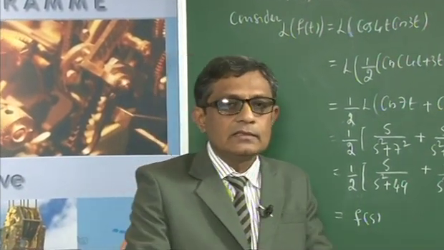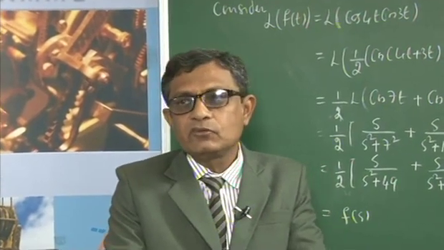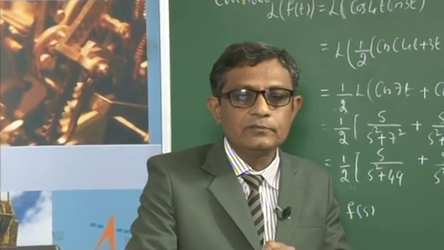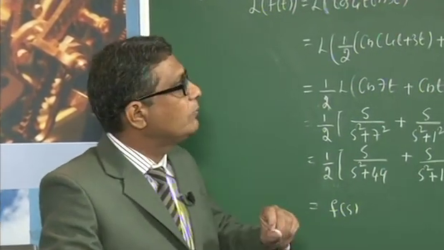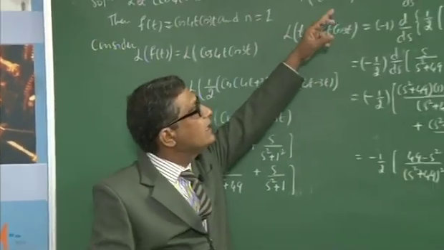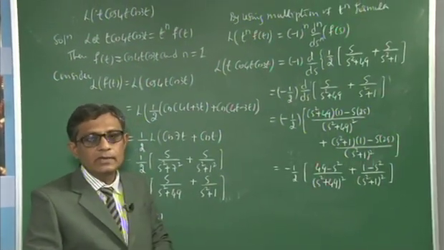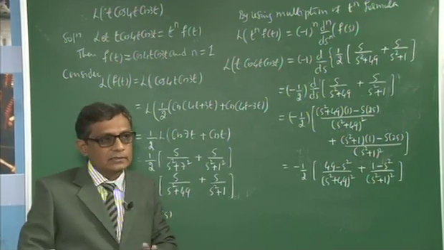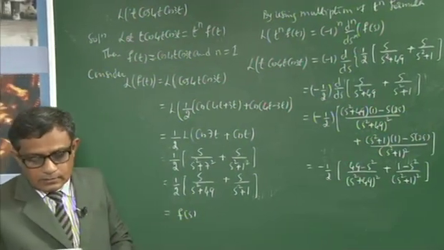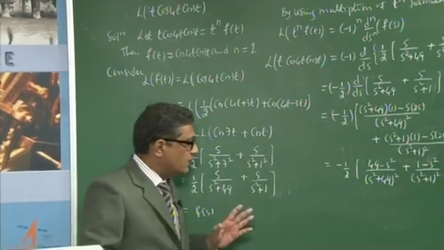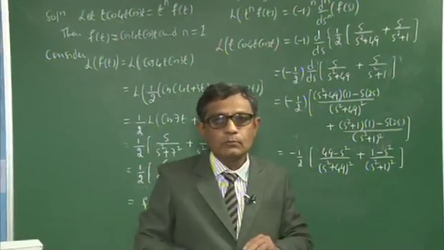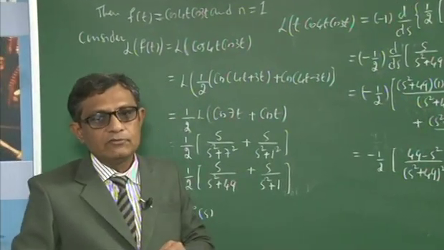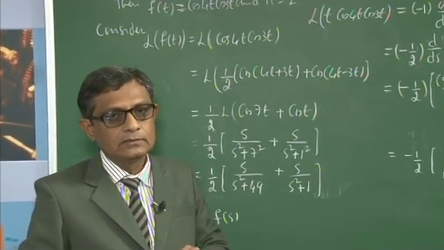Then the second one is the multiplication by t raised to n formula. When the function f of t is multiplied by t raised to n, then you have to use this multiplication by t raised to n formula. So we did two properties basically, one is the first shifting property, another one is the multiplication by t raised to n formula.